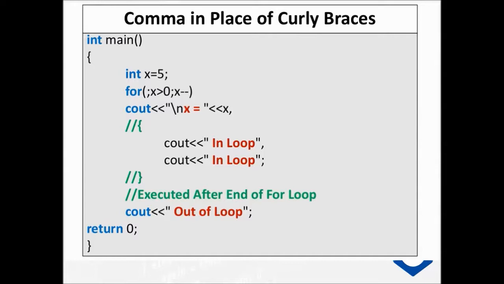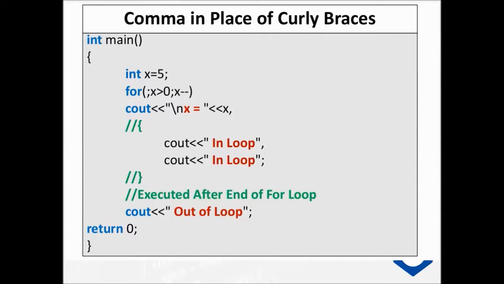First of all, for the condition of the for loop: for, semicolon, x greater than 0, semicolon, x minus minus. After that, we write the body of the for loop, cout x is equal to whatever x is, it prints on the screen.